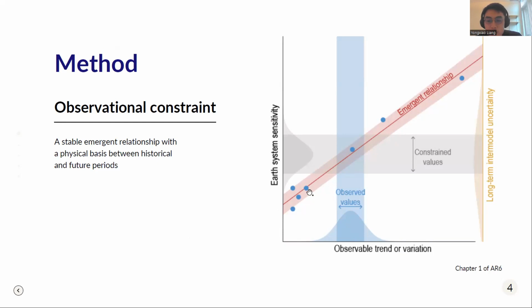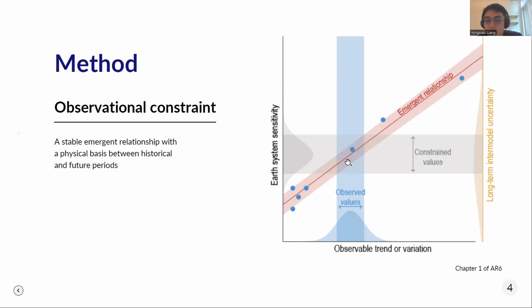This emergent relationship should rely on solid physical explanations for the model difference to explain this regional warming difference. The dots here represent the different climate models.